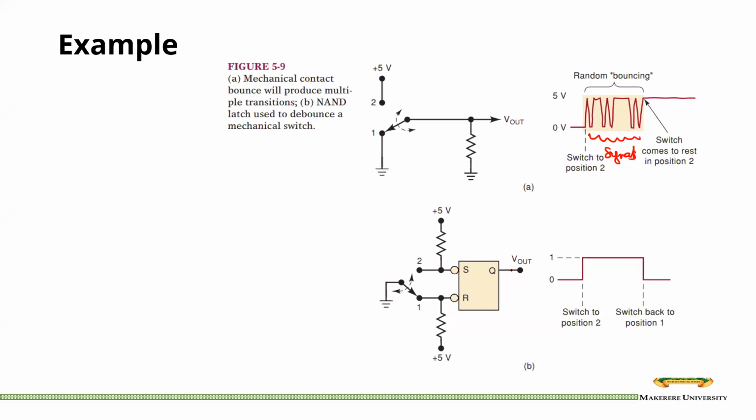So if you implement this mechanical switch using a flip-flop, the moment the first contact is made, the switch will remain in the high state, even though the contacts are touching and releasing until they settle down. But remember, because of the memory capability of the flip-flop, it will continue to output the same Q output, V out of 5 volts.